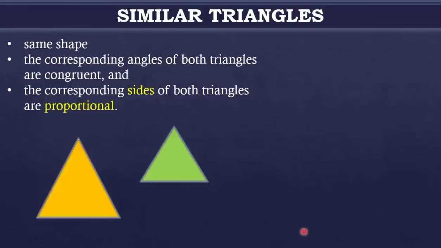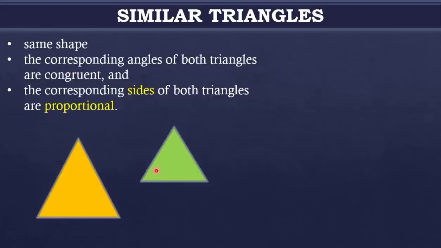Okay, so let's talk about similar triangles. When do we say that the triangles are similar? Kailan ba natin sinasabi na ang triangles ay similar? So, una, dapat same shape sila. So, according dun sa definition kanina ng similar figures, dapat same shape. So, as you can see, I have here figures with the same shape. So, pareho silang triangle.